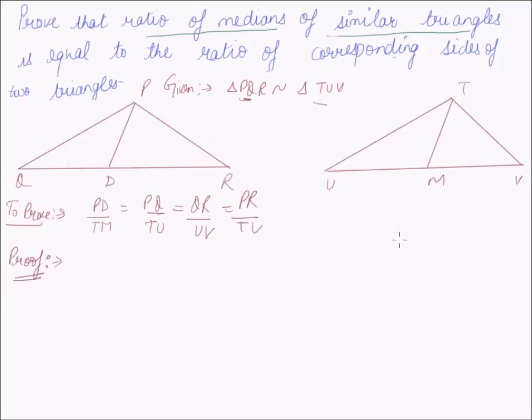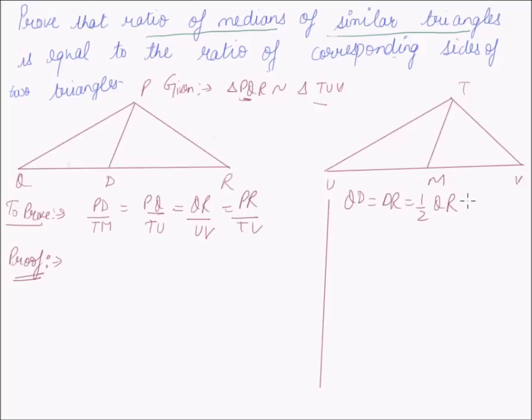Friends, first of all, since PD and TM are medians of QR and UV respectively, in triangle PQR, QD is equal to DR is equal to half of QR because of PD being the median.